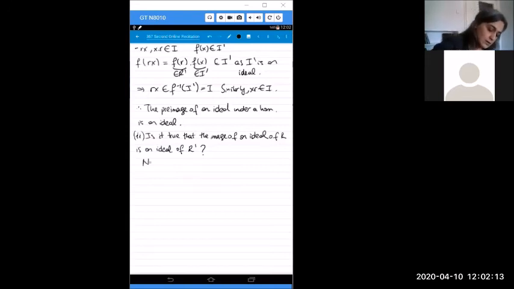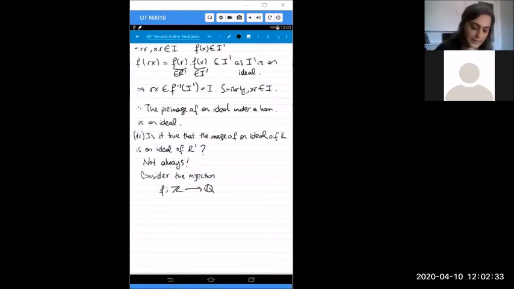Not always, let me say. Consider the injection F from Z to Q. These are rings, Z and Q are rings.